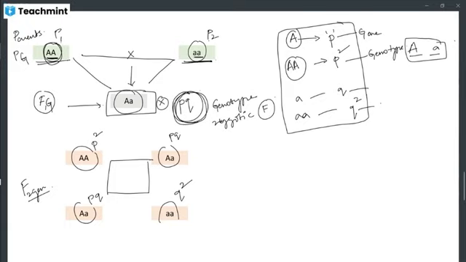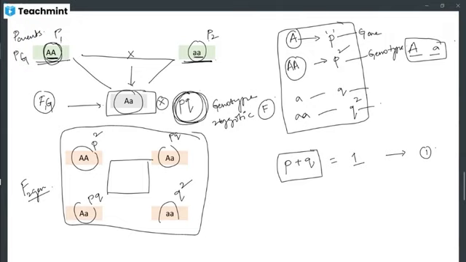The mathematical relation they described is that the gene frequencies when combined will always equal 1. Even in this panmictic or random mating population, all the genotypic frequencies summed up will also equal 1.